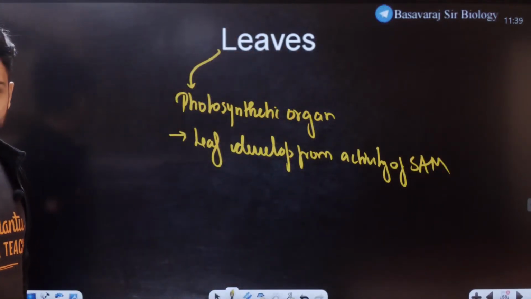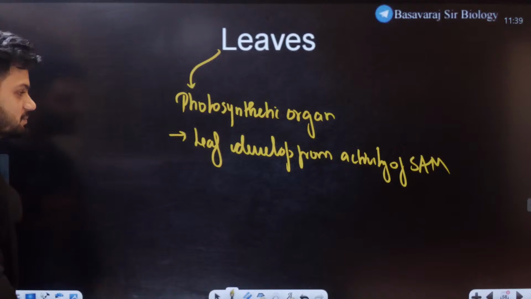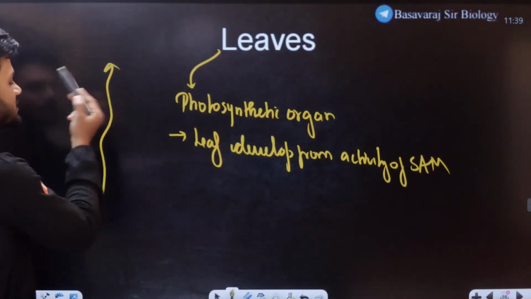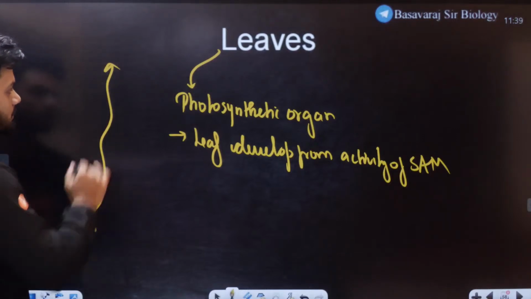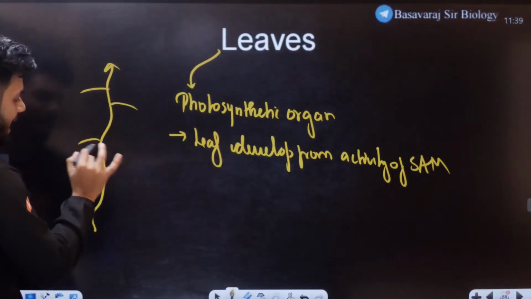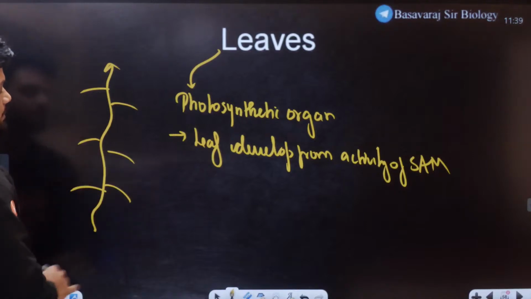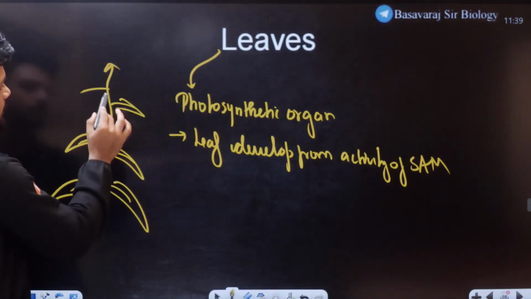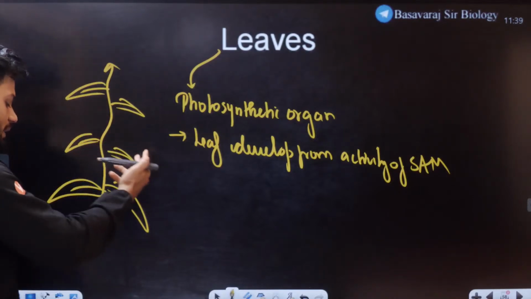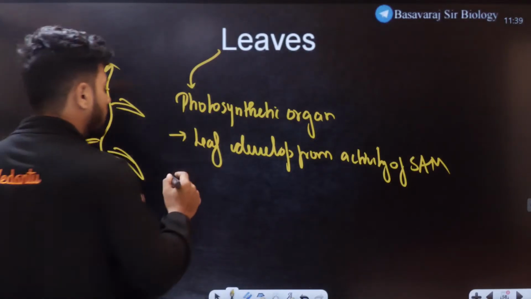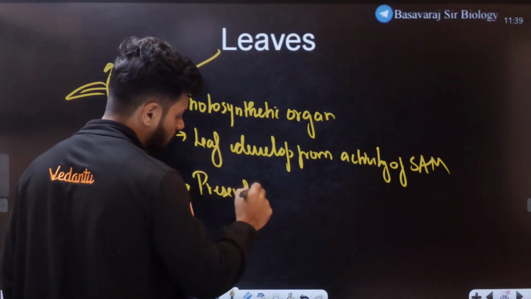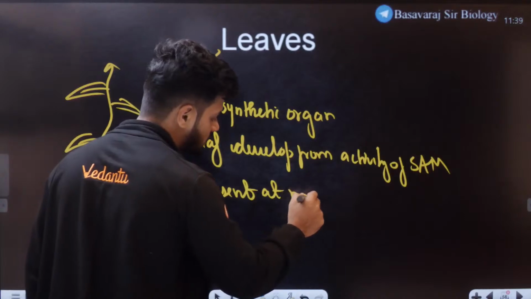As the shoot apical meristem is growing, leaves are produced in an acropetal manner. Where do you think the leaf arises from? They are present at nodal regions.